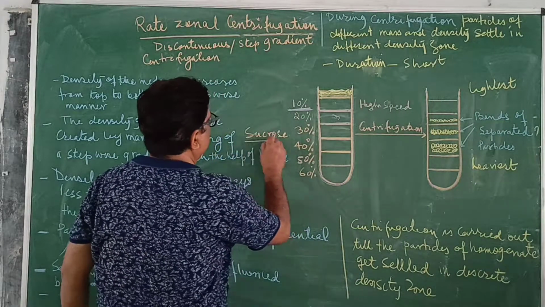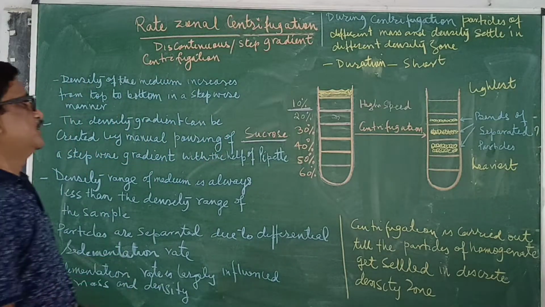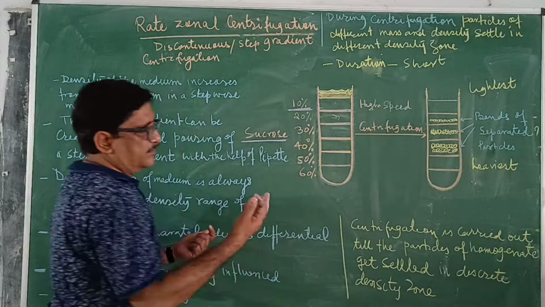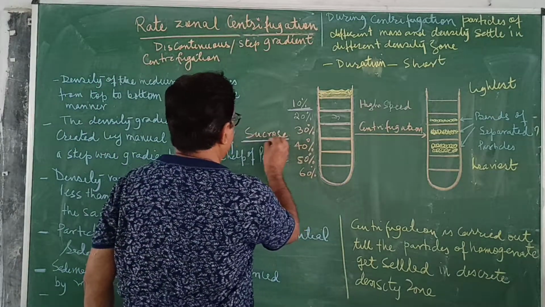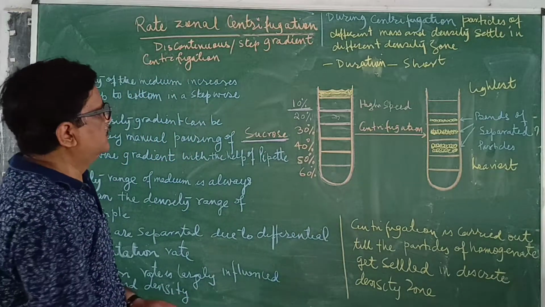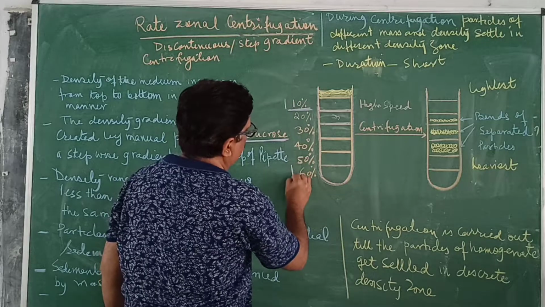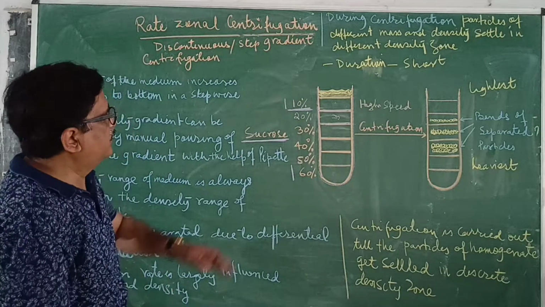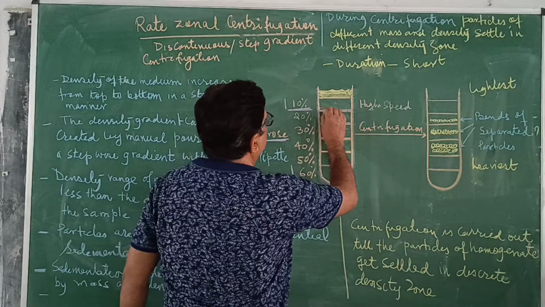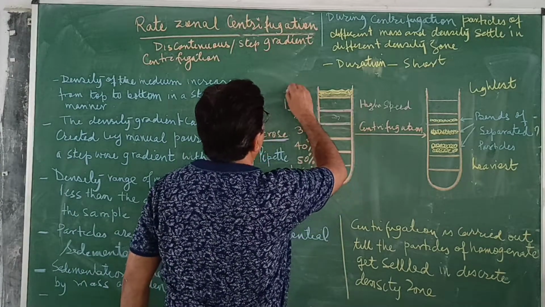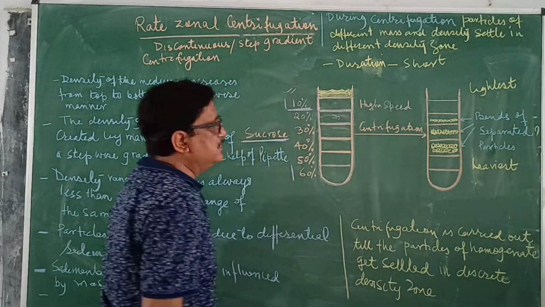For example, suppose we are separating different protein molecules from a homogenate, then we can use sucrose. Generally, 10% to 60% sucrose is used, and the top layer has 10% sucrose, giving the medium its minimum density.